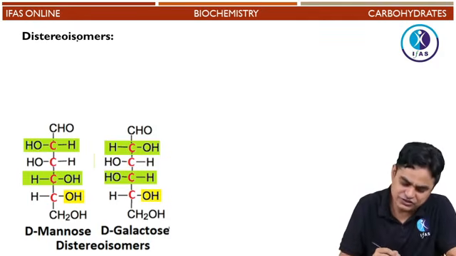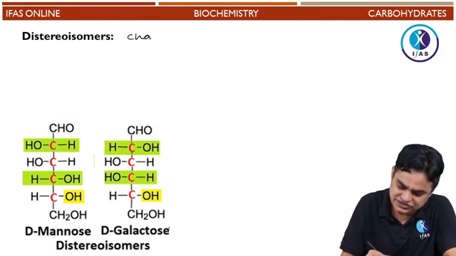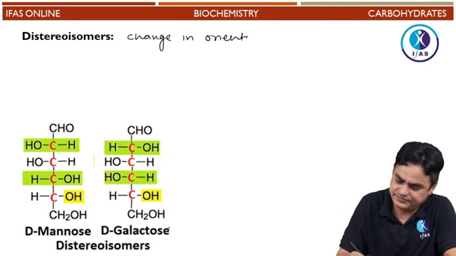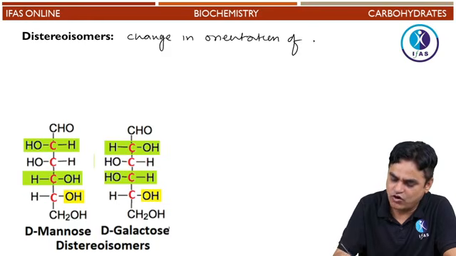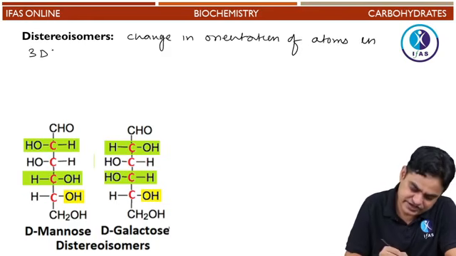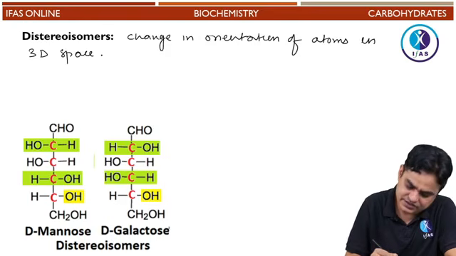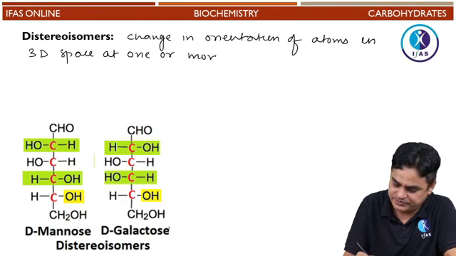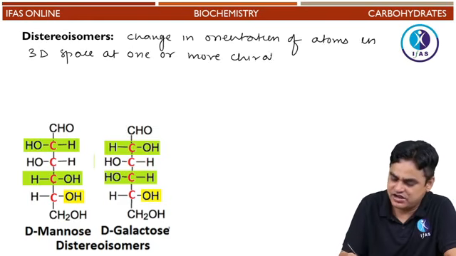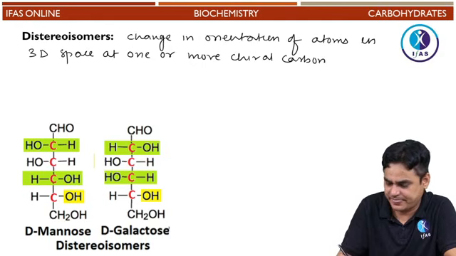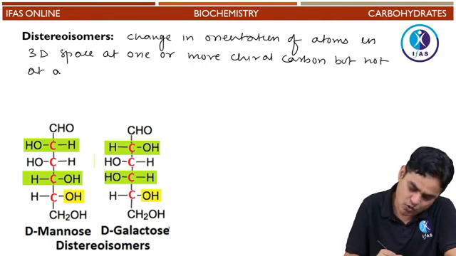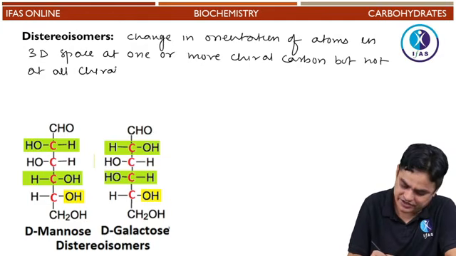So in diastereoisomers, there is a change in orientation of atoms in 3D space at one or more chiral carbons, but not at all chiral carbons.